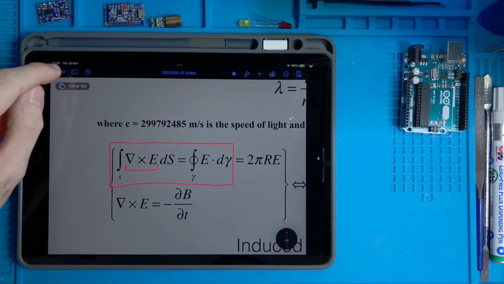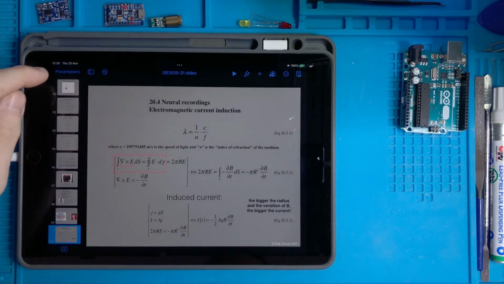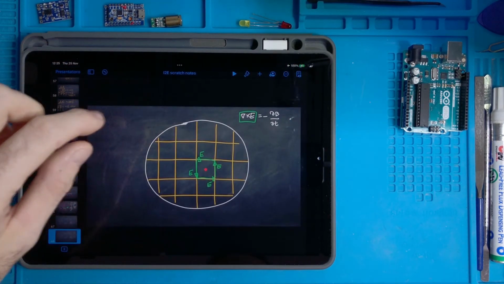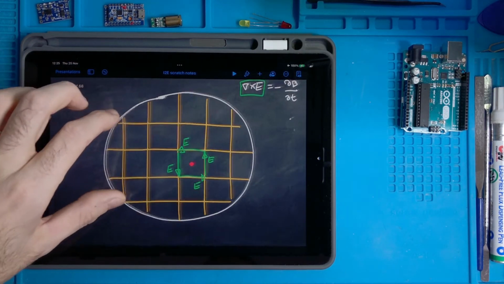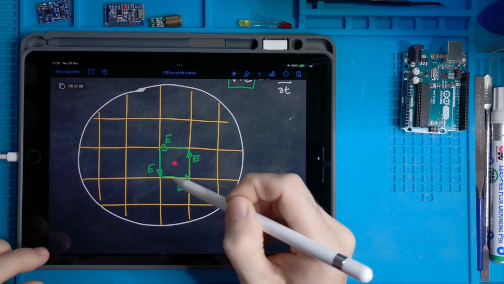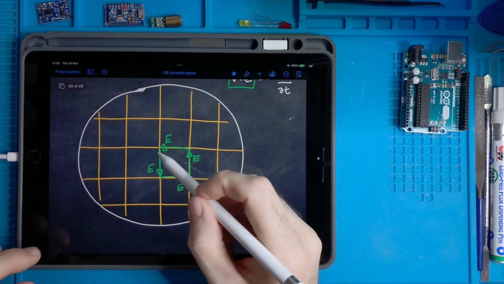Let's try to see this in the picture here. So here it means that we are considering such a situation where we have a field which is closed on itself in a loop.